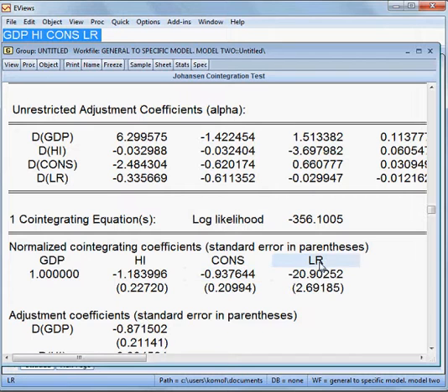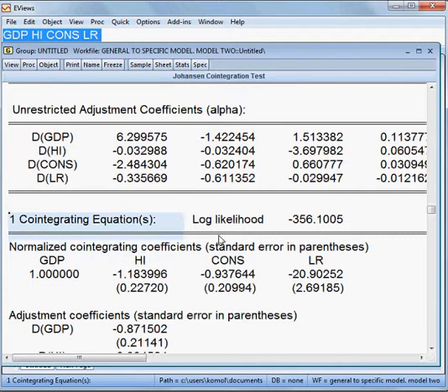What about the third one, LR? Yes, LR and GDP, it can be negative. The sign should be negative, and it is negative here. So we are happy about it, because LR and GDP should have an opposite association according to economic theory. So here we are happy about LR, but we are not happy about cons and HI.